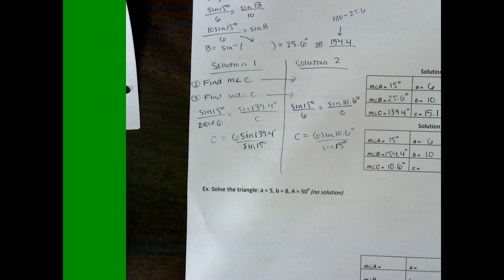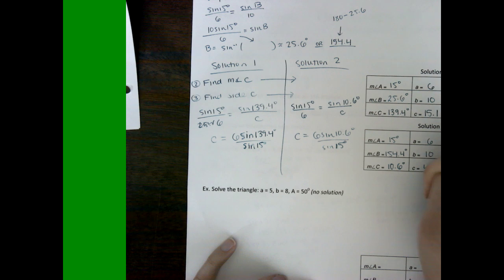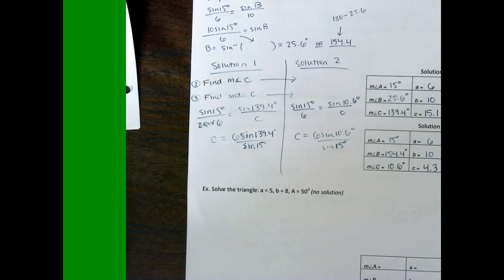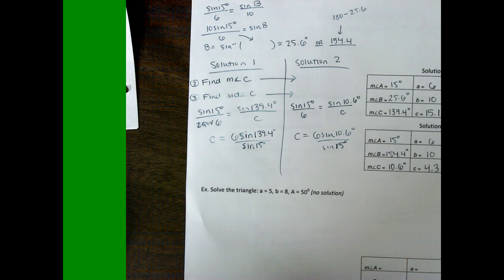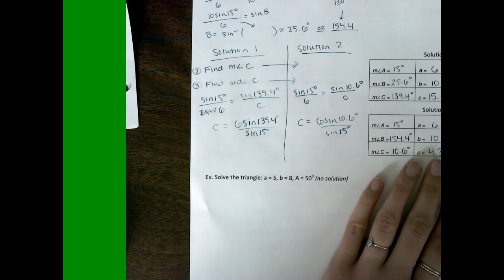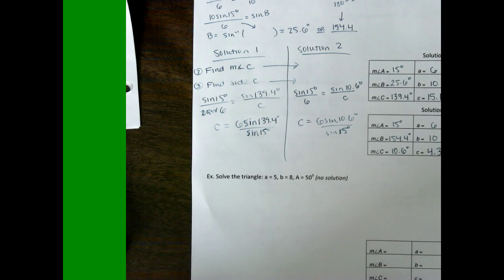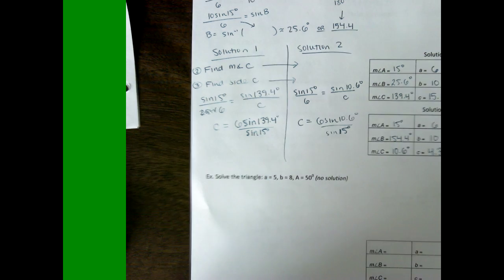And I am getting 4.26, which I will round to 4.3. You could round to the nearest tenth or hundredth. I'm not going to be too picky about that. So there you have it, 2 different solutions. I'll try to find a good video that gives a visual of how these 2 solutions are possible in case you're interested. I will post it in modules, if I can find a good one.